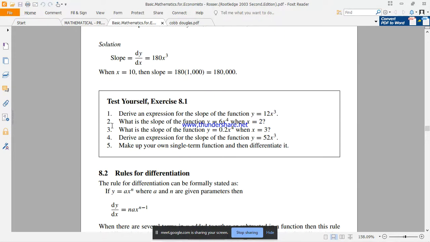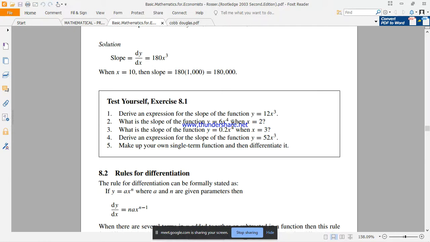Then the second one is asking, what is the slope of the function when x is 2? Same principle. dy/dx is 4 times 6, 24, x raised to the power 3, because I reduce 4 by 1, which is 3. So I will have 24x raised to the power 3. Then wherever there is x, I'll put 2, noting that the 2 is raised to the power 3.